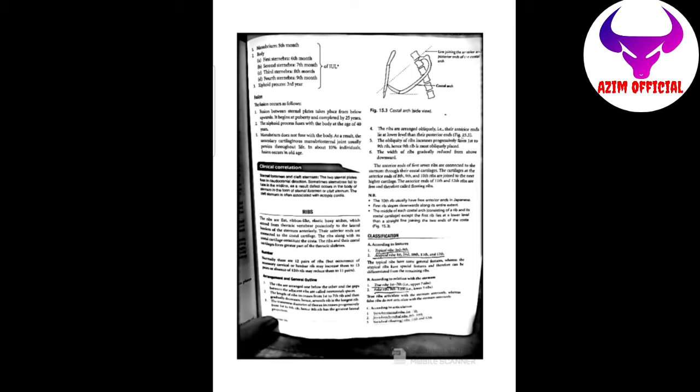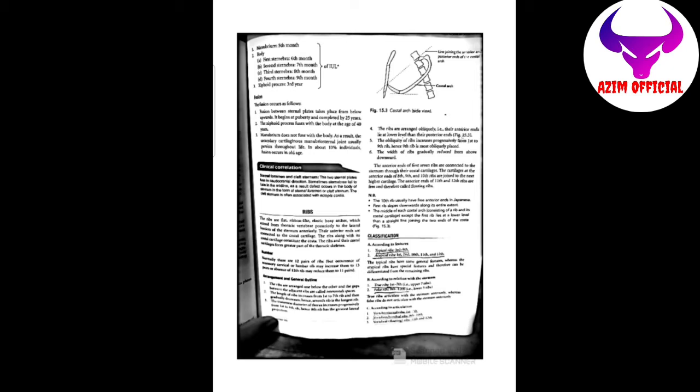But side to side, laterally, it gets bucket handle movement. The obliquity of the ribs increases progressively from the first to ninth rib, and hence the ninth rib is the most obliquely placed. Remember, the ninth rib is the most obliquely placed. The width of the ribs gradually reduces from above downward.